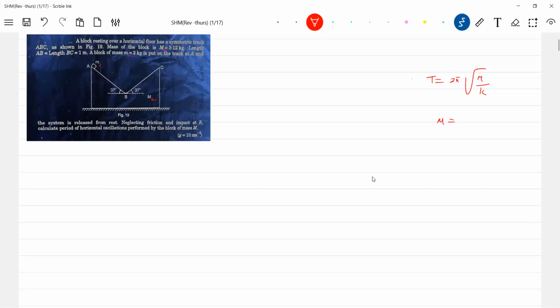Mu is equal to M1 M2 by M1 plus M2. What is K here?